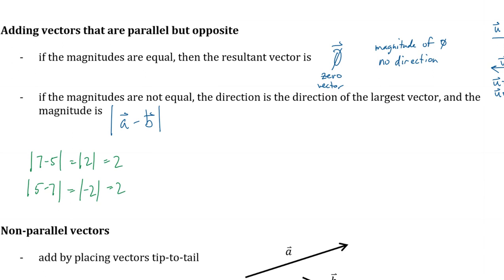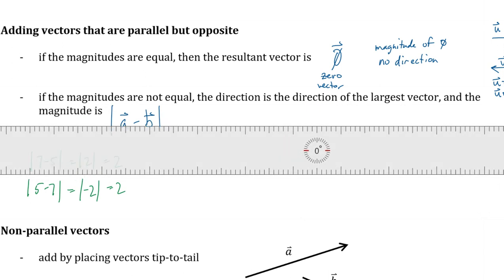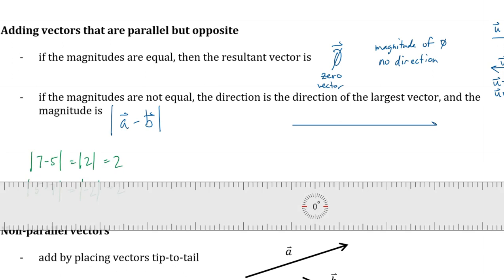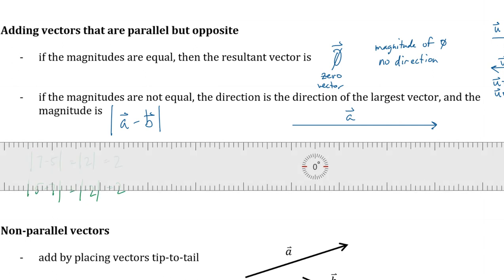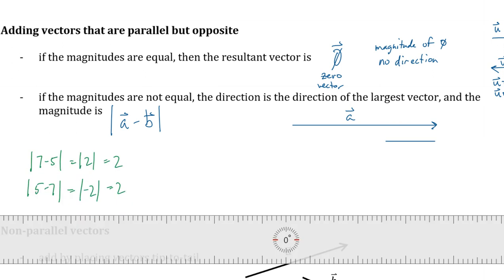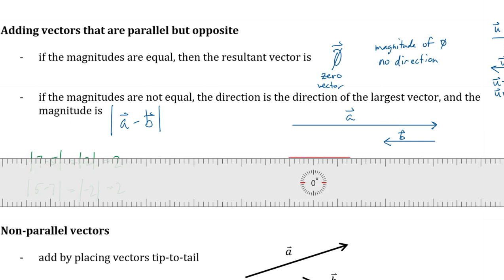Okay, if I was to do this with vector diagrams, I'm going to start here and go that far. So this is vector A. And then in the opposite direction will be vector B. So the resultant of A plus B will be that.